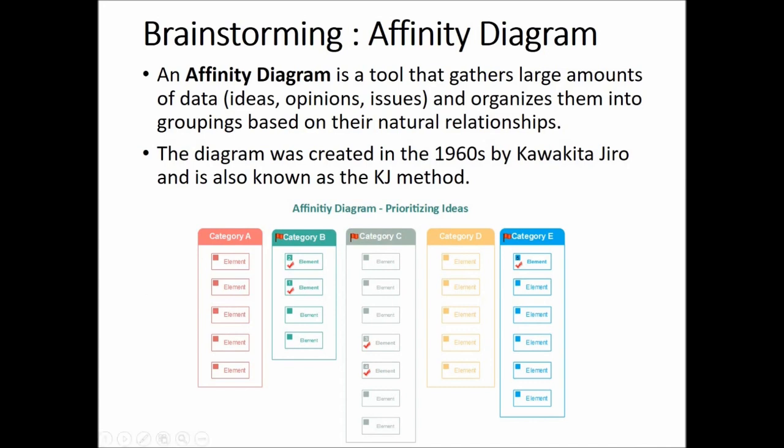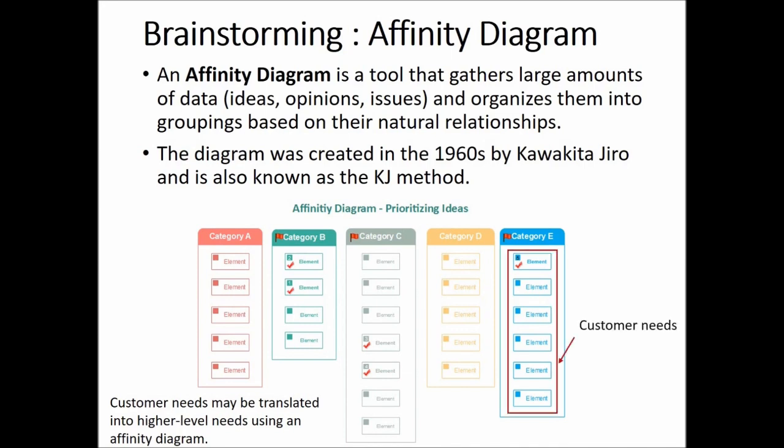You can see an affinity diagram, for example, like this. We have categories and several elements. Elements are more or less at this level. You are doing customer need analysis, so these elements are more or less the customer needs. By categorizing customer needs into different categories, we are trying to translate customer needs into high-level needs, clusters of high-level needs.